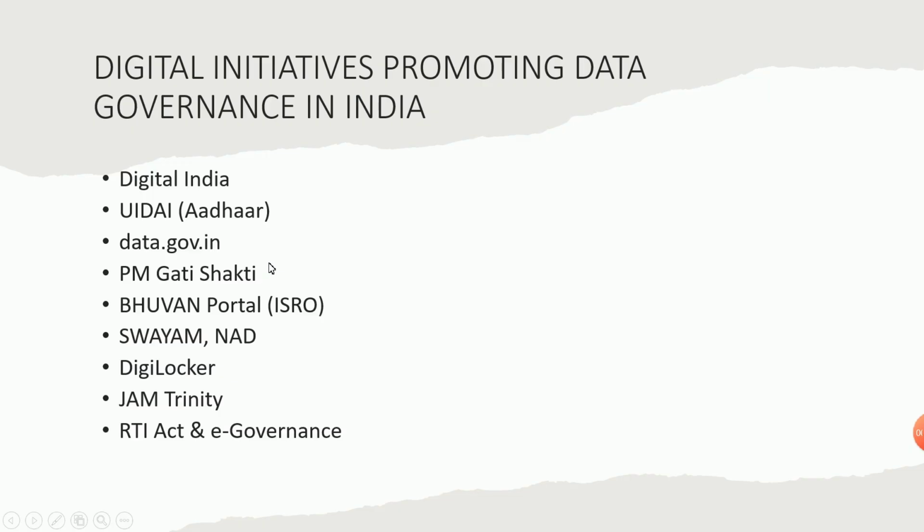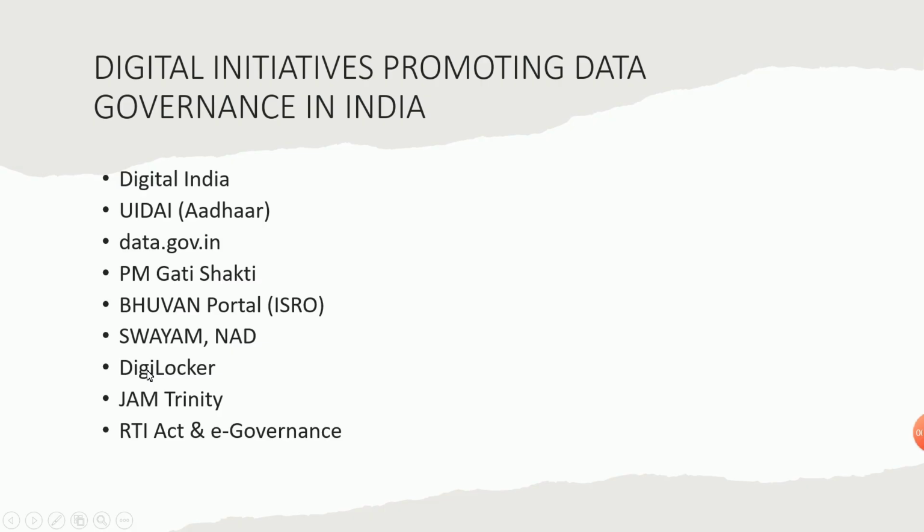This is somewhat integrated with GPS, that mapping kind of thing. Then the Bhuvan portal. This is run by ISRO for mapping weather conditions. And then Swayam and NAD have the electronic repositories of various books and theses.